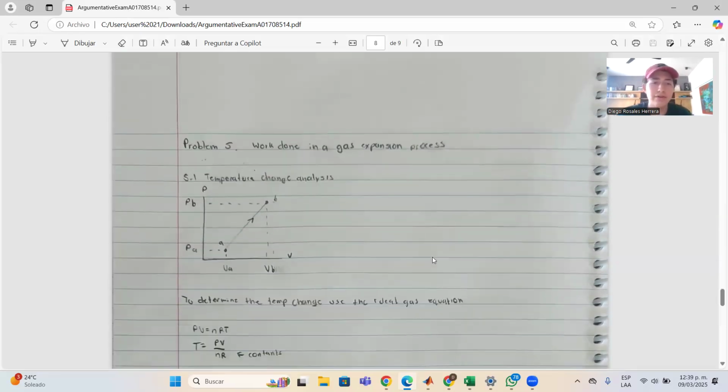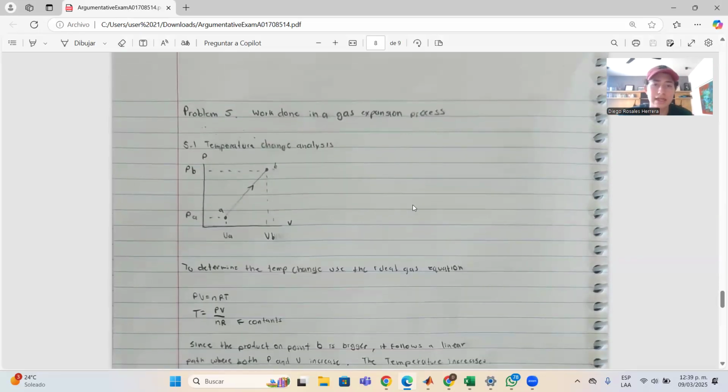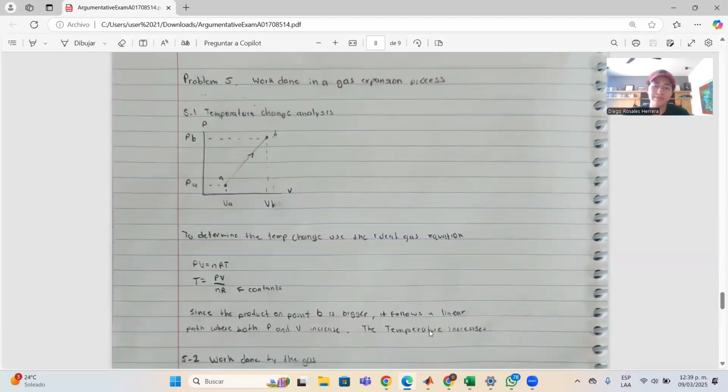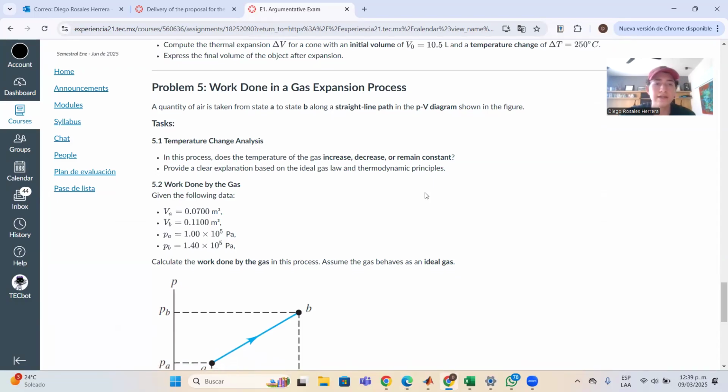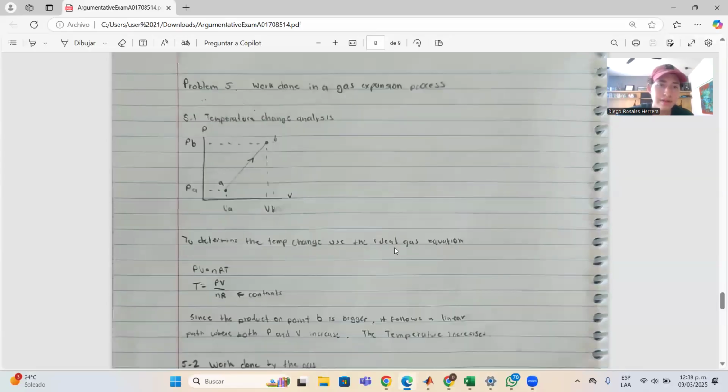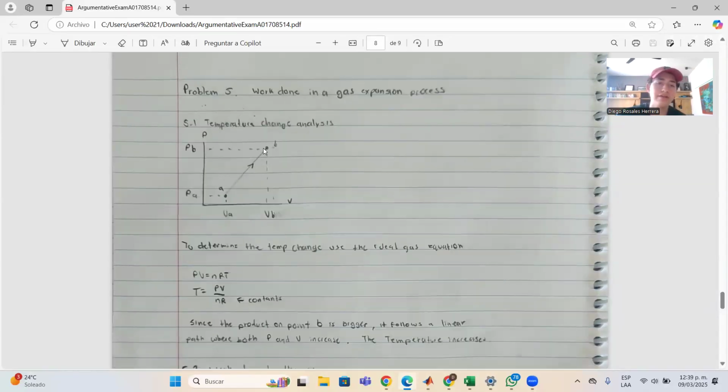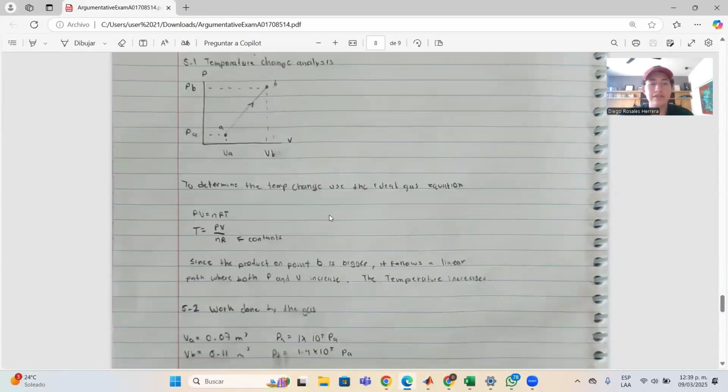And lastly, problem 5 is the work done in a gas expansion process. So the first question just asks if the temperature increases, decreases, or remains constant. I'm going to show you with the ideal gas law. So as we can see, this is the graph. A is down here, B is up here. And we can determine this using the ideal gas equation, which is PV equals nRT.